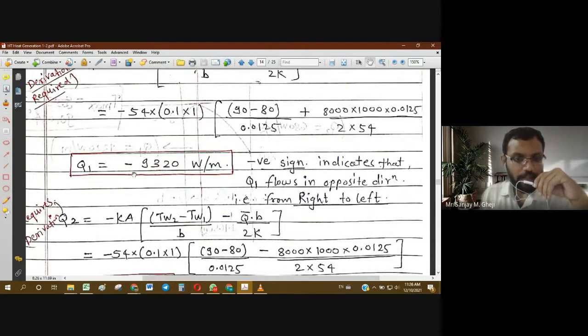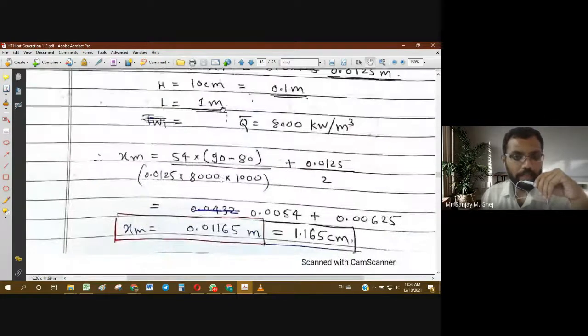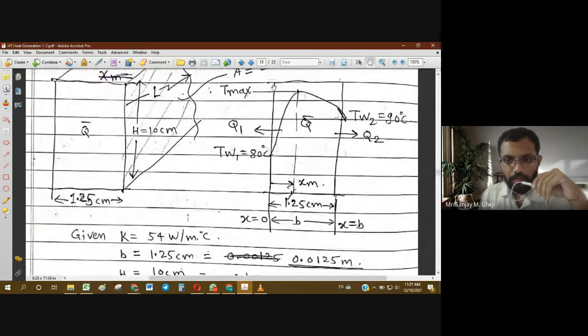Now why is this negative sign coming? Look at the direction of heat transfer. We are treating x equal to 0 at this face, and x is increasing in the right hand direction, so positive x is to the right.